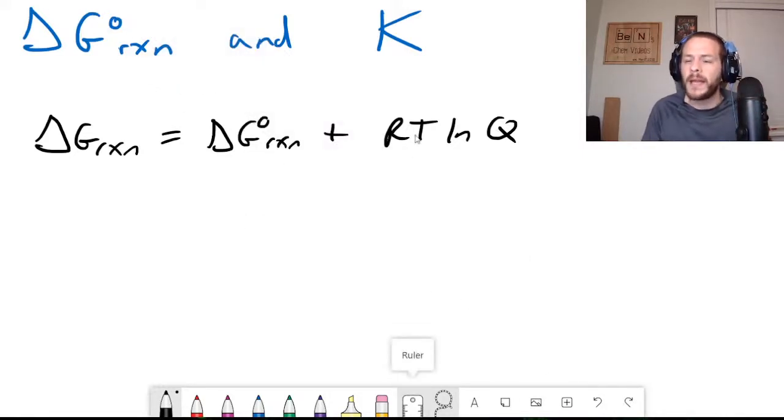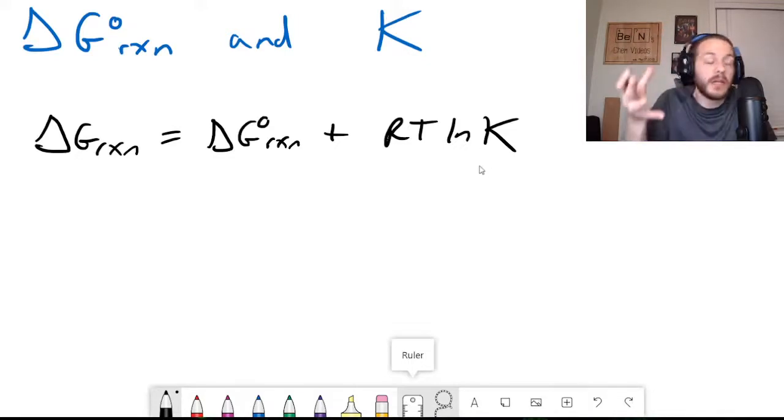And so if we are at equilibrium, then this Q essentially becomes a K, because we're talking about the equilibrium constant here, which is equal to the reaction quotient under the conditions of chemical equilibrium.